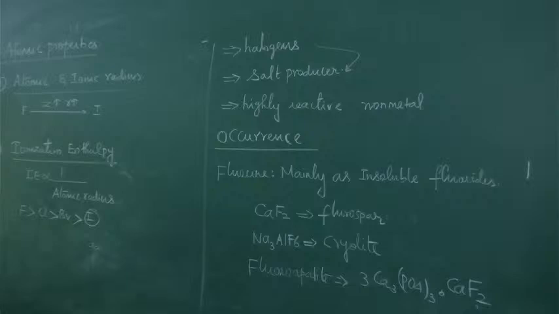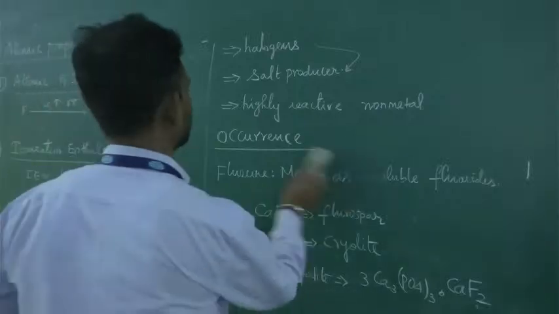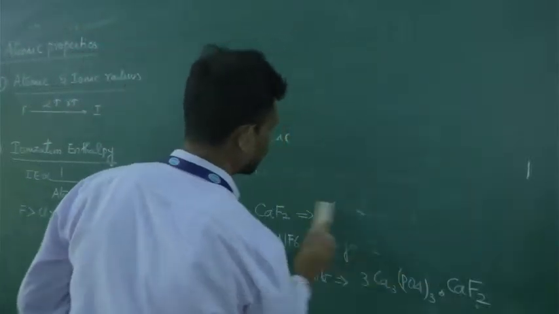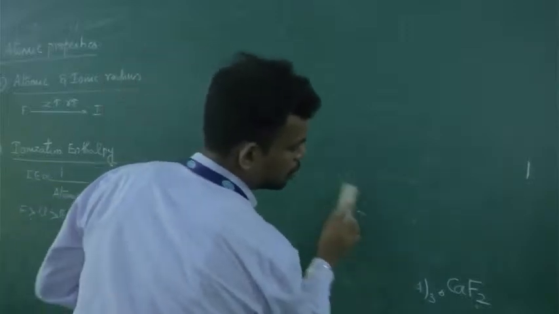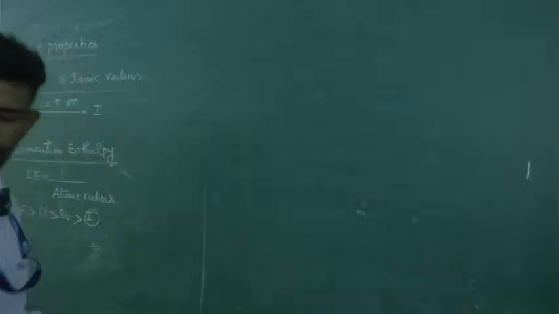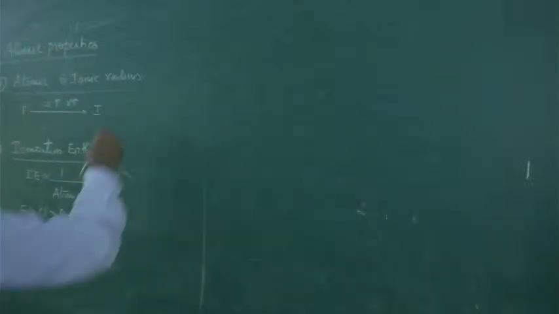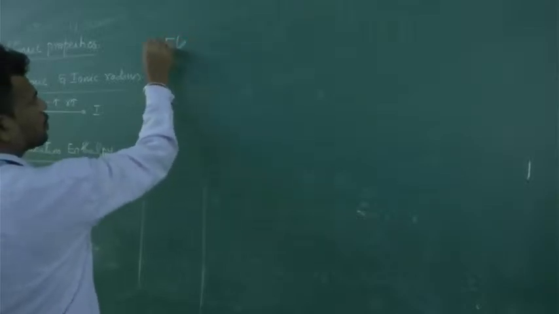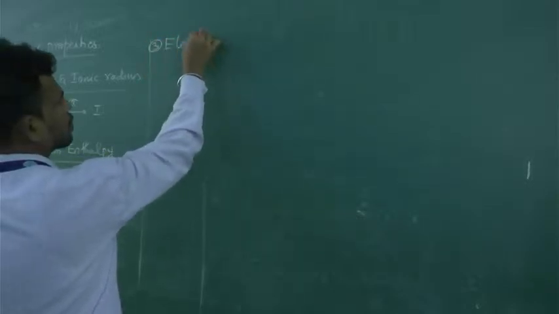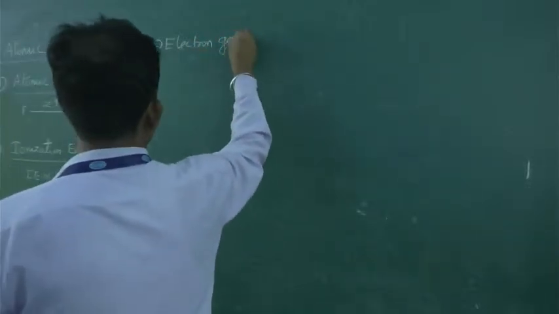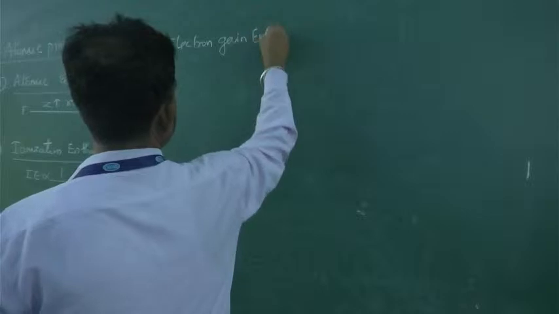Next important property is electron gain enthalpy. Third atomic property, electron gain enthalpy, which is the most important.